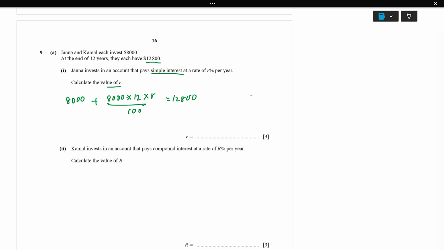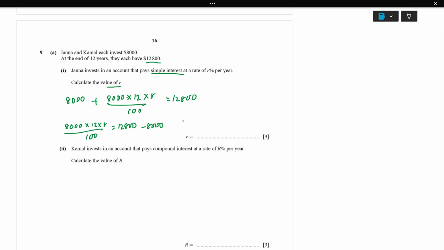So the calculation is going to be 8,000 times 12 times R over 100 equal to 12,800 minus 8,000.